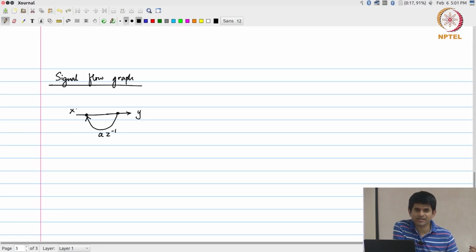This usually is used to represent the signal flow, and the Z transform domain is used to represent the signals, right. The Z inverse then represents one sample delay. A Z inverse, when it is appended to an arc like this, essentially means that any signal that is going across that arrow, that arc, gets multiplied by A into Z inverse. The A is a constant scalar, Z inverse indicates one sample delay.